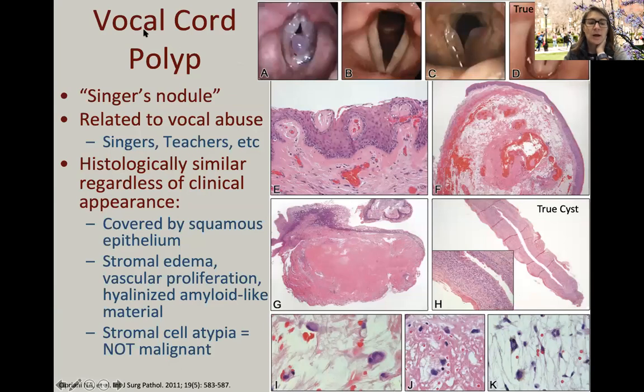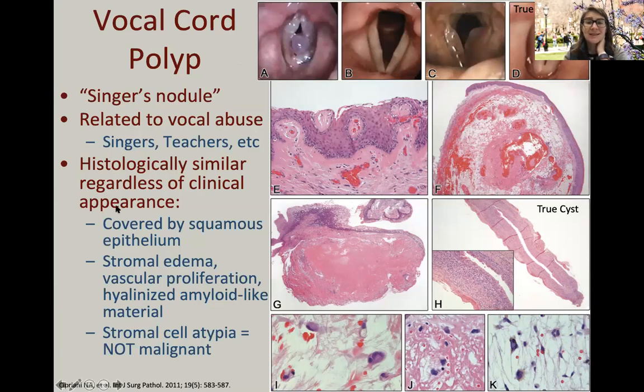Clinically, one of the more common lesions we see in the vocal cords are vocal cord polyps or singer's nodes, or some kind of benign lesion related to vocal trauma. So singers, teachers, people who use their vocal cords a lot develop these nodules.